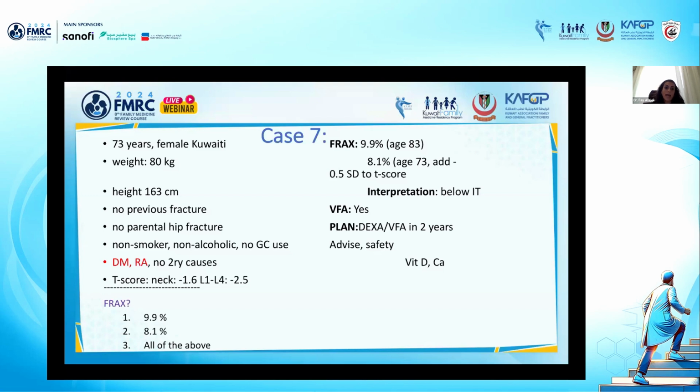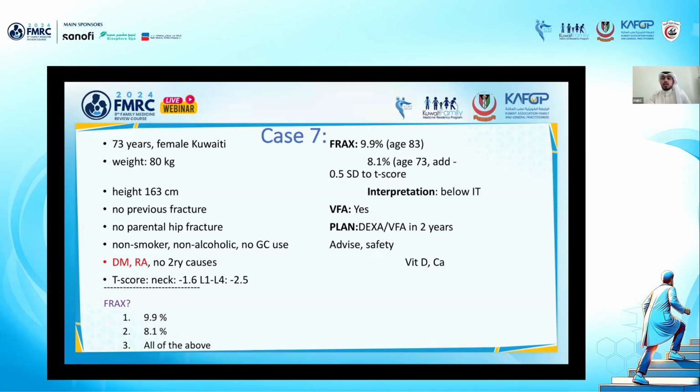So that's why we added 10 years to the age, and then we plotted a new FRAX when the patient is at that age, at 83. The patient is 73, you add 10 years. Now the patient is 83. And then you use this FRAX to plot it on the chart.